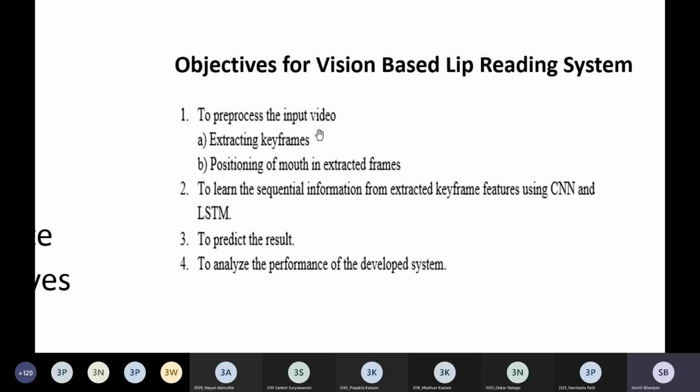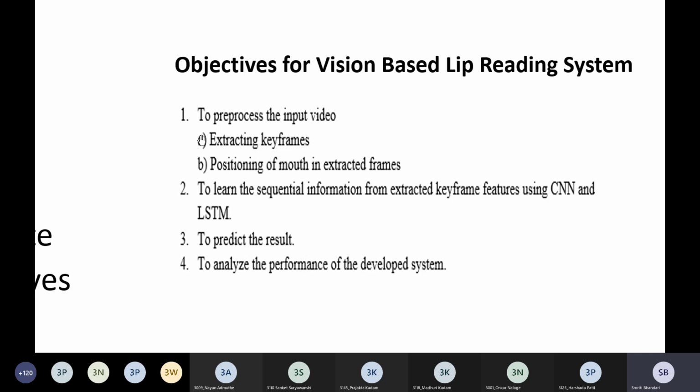Sometimes we need to pre-process the video so that in the later stages of the algorithms, the pre-processed video would be helpful. That means we are making the video as per our requirements for further steps, and that is why the first step mentioned is to pre-process the input video.